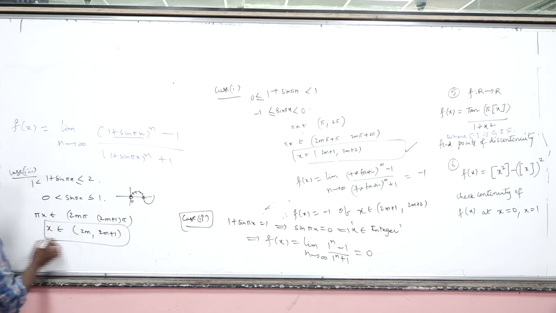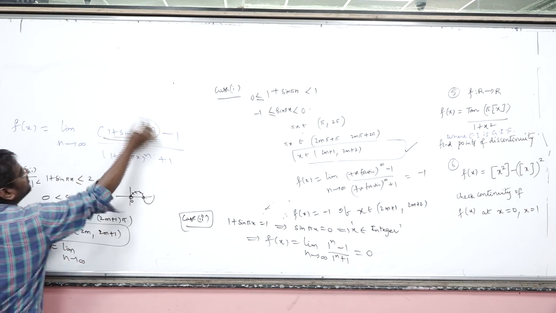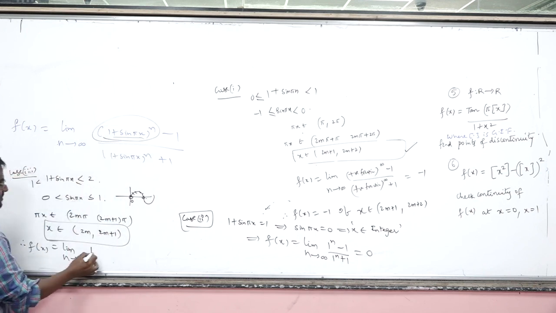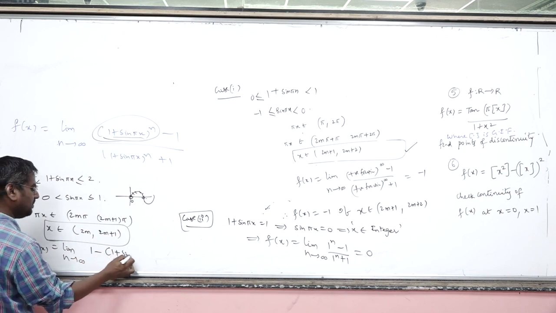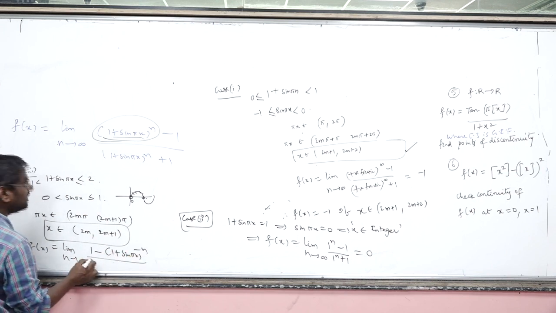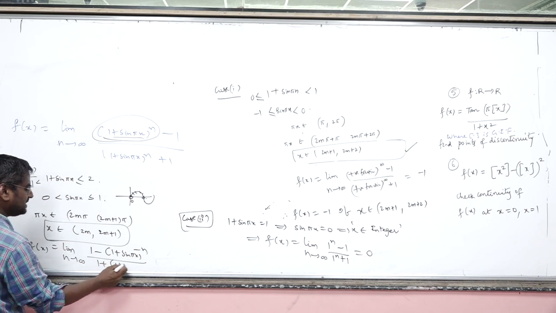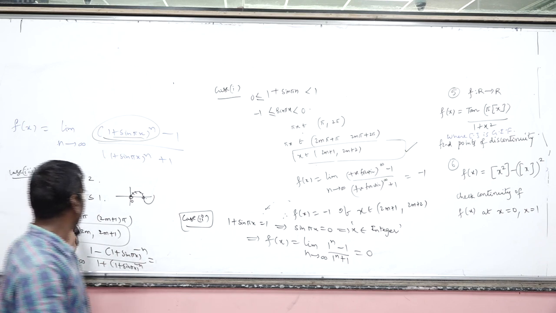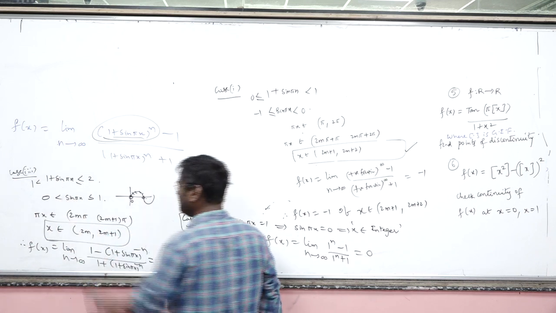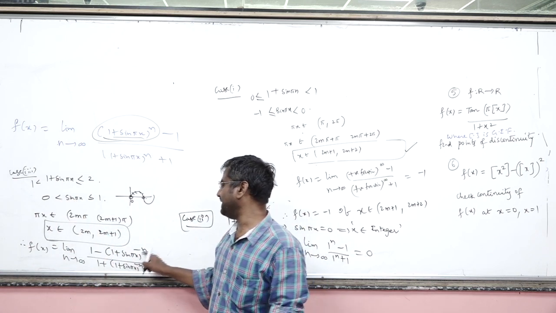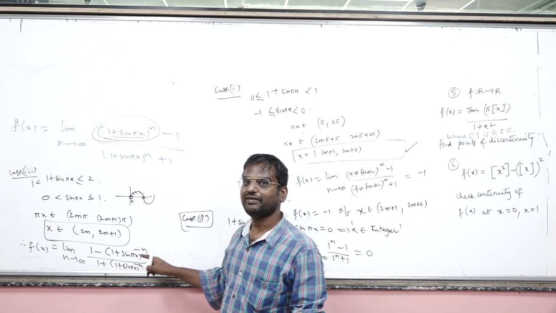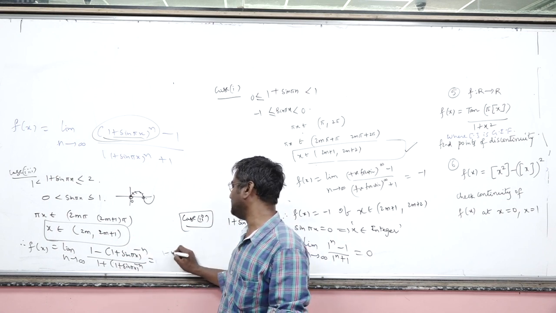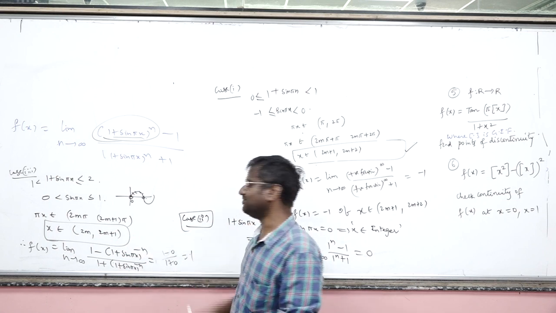In this particular case, since it is more than 1, I am going to divide by this (1 plus sin pi x) whole power n. So the expression will now become (1 plus sin pi x) power minus n by (1 plus sin pi x) power minus n. अब 1 plus sin pi x क्या है? It is more than 1, power minus infinity, that is 0. So (1 minus 0) by (1 plus 0), which is 1.